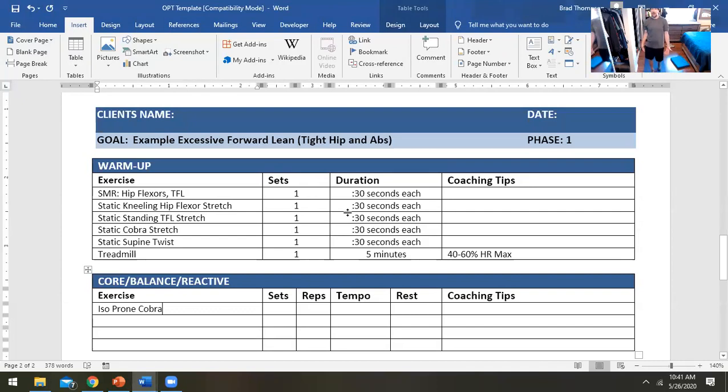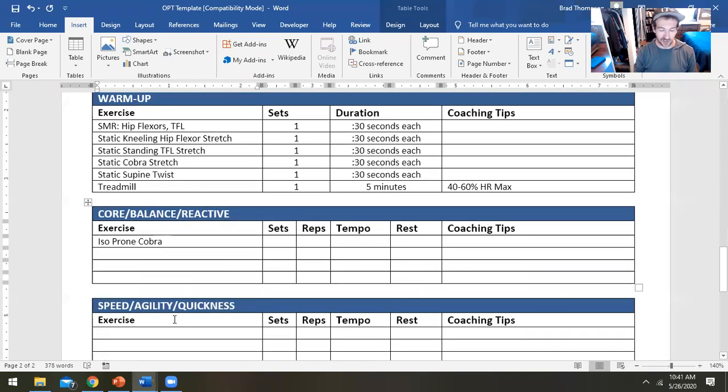That's very similar to the Superman. Superman is the one with the arms overhead where you pull both simultaneously. The difference with the cobra is that you have your arms at your sides and your thumbs up, and you contract like this. So it's going to be that type of spinal extension. So iso-prone cobra is going to be a really good one.